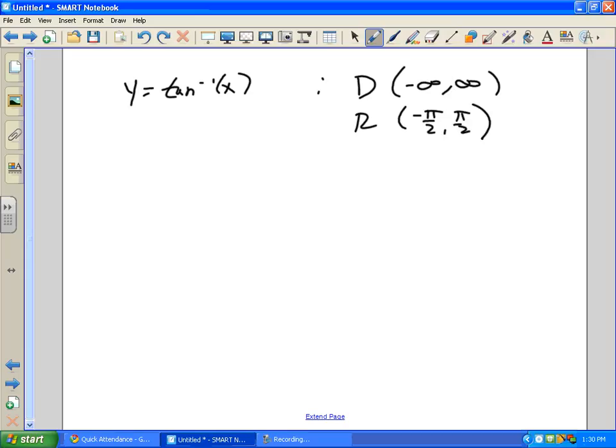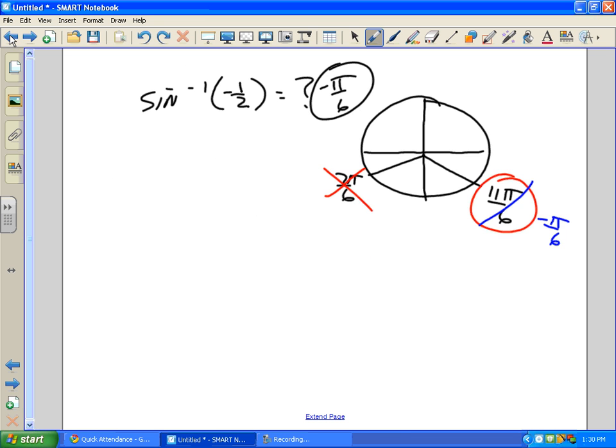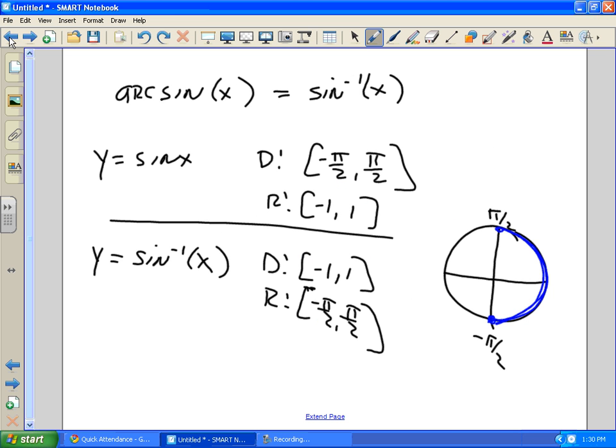Notice the difference between the inverse tangent and the inverse sine. The range for the inverse sine is negative pi over 2 is less than or equal to y is less than or equal to pi over 2. There's an equal to part, where negative pi over 2 and pi over 2 are part of the interval.